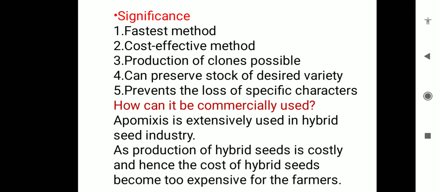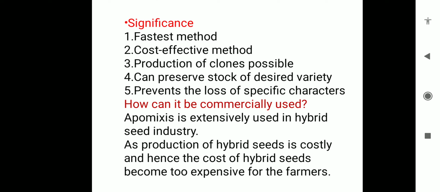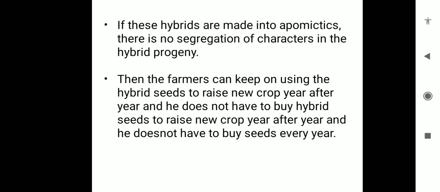Apomixis is extensively used in the hybrid seed industry. Production of hybrid seed is costly, and hence the cost of hybrid seeds becomes too expensive for farmers. So it will help farmers cost effectively. They can do more work with less money. Is that clear to everyone? Thank you so much.